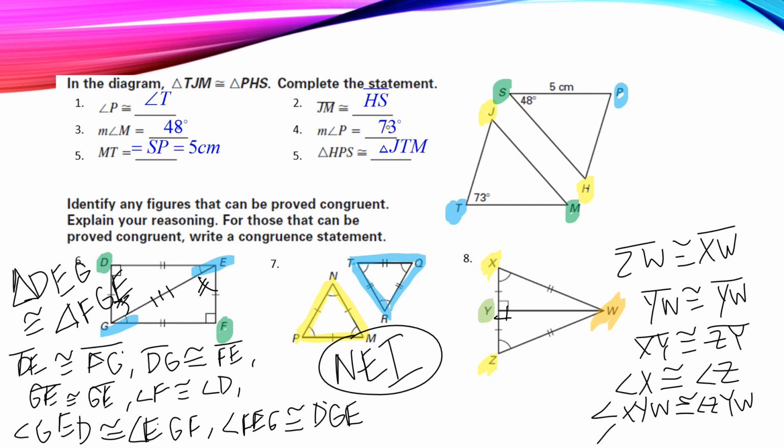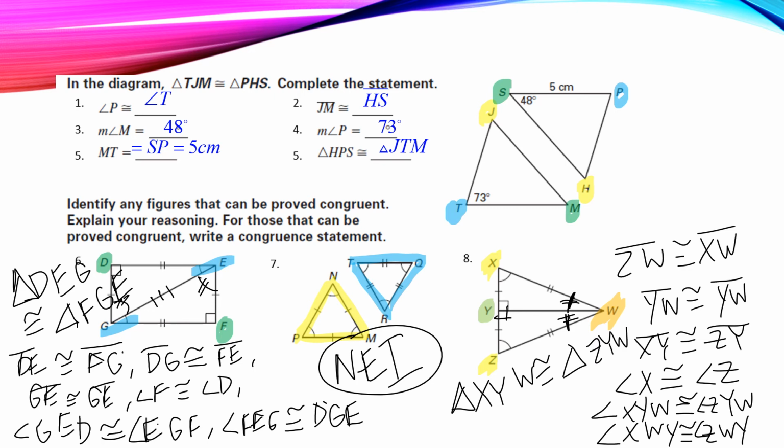And then we can also say that this angle here and here are congruent because if 2 angles in a triangle are congruent, that means that the other angles are congruent. Okay, so we would have XWY is congruent to ZWY, angle ZWY, which means that triangle XYW is congruent to triangle ZYW.